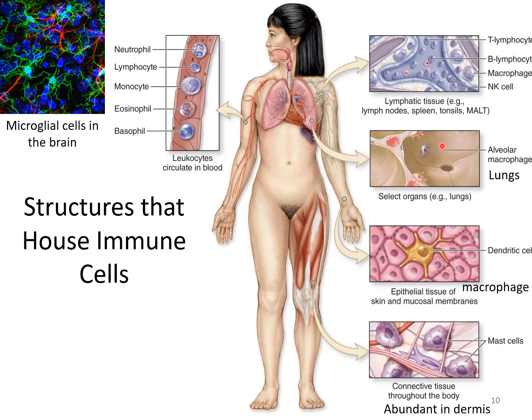Alveolar macrophage is a specific macrophage that you find in the lungs. Dendritic cells are specific cells that you find in the skin and the mucosal membrane. So just to help you recognize that these are scattered throughout the body, and they can take up residence in certain tissues and become specific for that particular tissue.